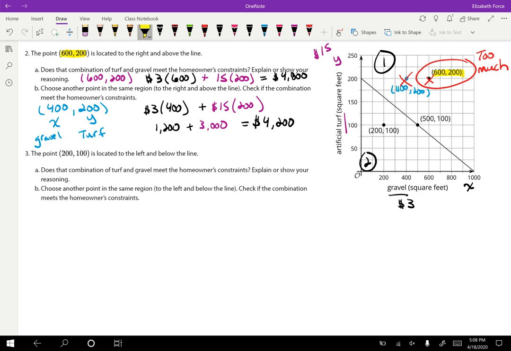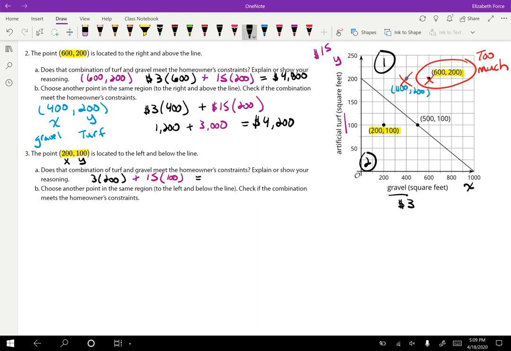So let's take number three. Number three is talking about the point 200 comma 100, which is located left and below the line. So now we're looking at a different region, not the top region anymore. Does this meet the homeowner's constraint? Let's do the math real quick. This is your x, and this is your y. So 3 times 200 plus $15 for the y, which is 100.